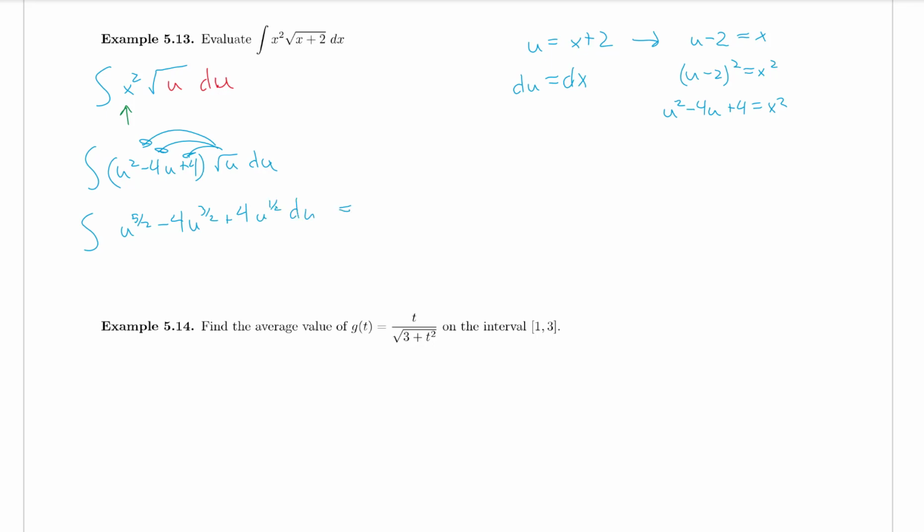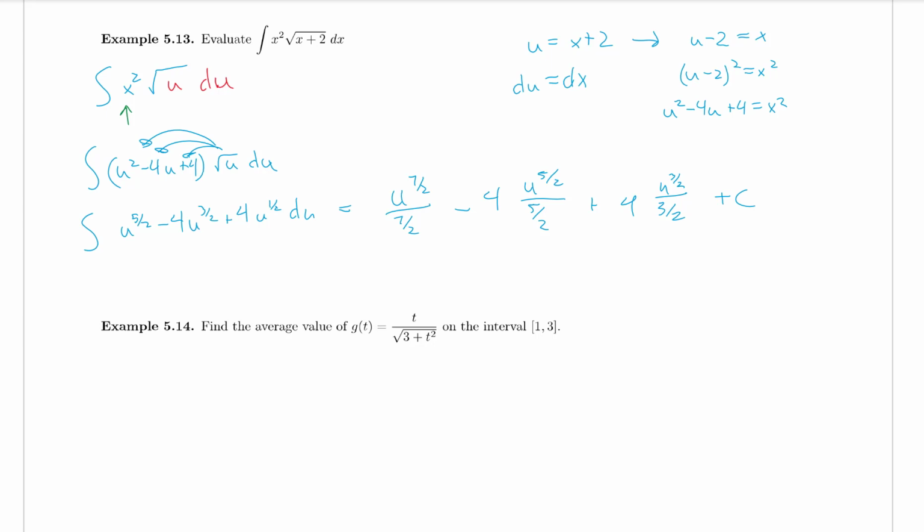And we can find that antiderivative quite simply by just adding 1 to each one of those exponents. So we get u to the 7/2 over 7/2 minus 4u to the 5/2 over 5/2 plus 4u to the 3/2 over 3/2, all plus c because we're finding antiderivatives.